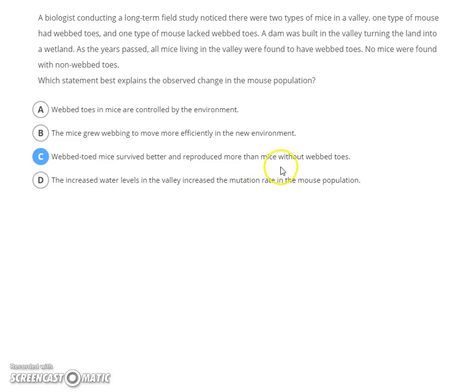And so eventually, the ones without web toes diminished until they disappeared completely. The other ones don't really make as much sense, but again, natural selection works like this. The ones with the better traits survive better, and they reproduce more offspring. And so C is the right answer.